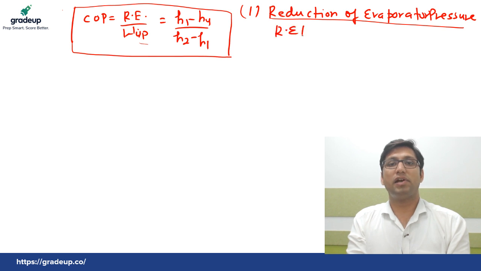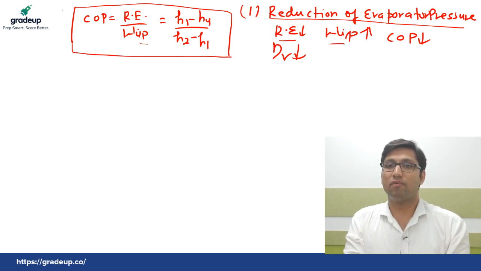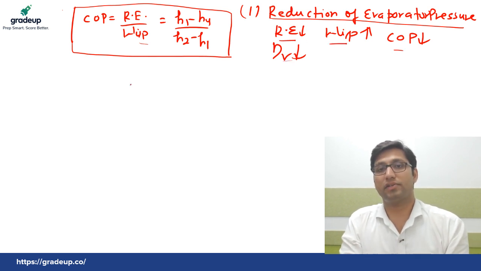Refrigeration effect will reduce, work input will increase, COP will decrease, and volumetric efficiency will also decrease. Okay, so these are the effects of reduction of the evaporator pressure on refrigeration effect, work input, COP and volumetric efficiency.